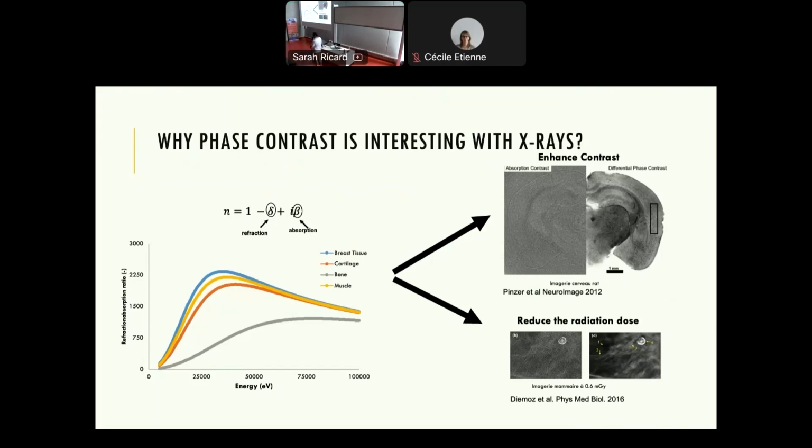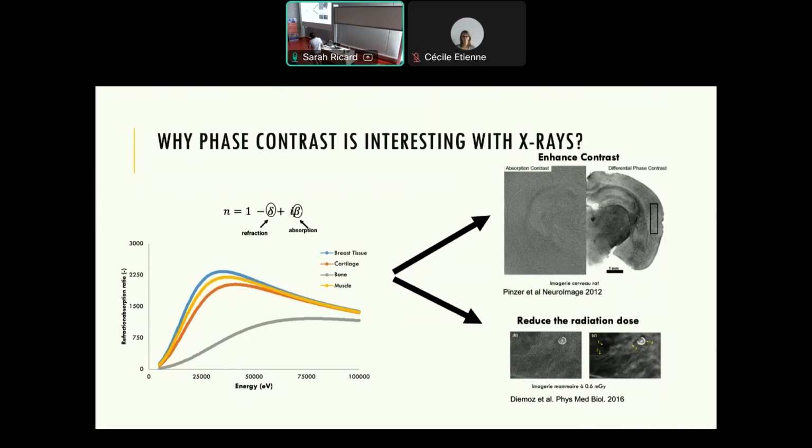So what is interesting with X-ray is the refraction versus the absorption. If we draw this ratio between the refraction and the absorption for different tissues, you see that there is a factor of 2000 at some energy, but we are strictly above 1000 for the energies that we are using in X-ray radiology.